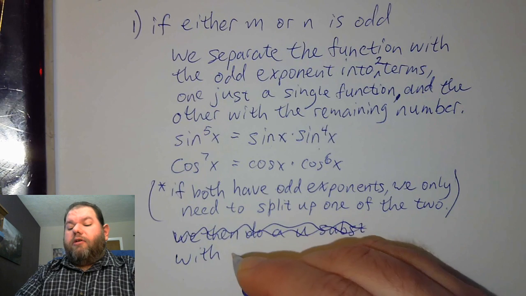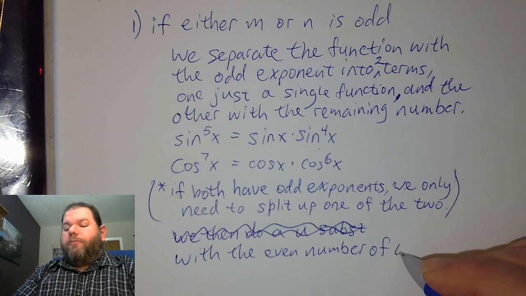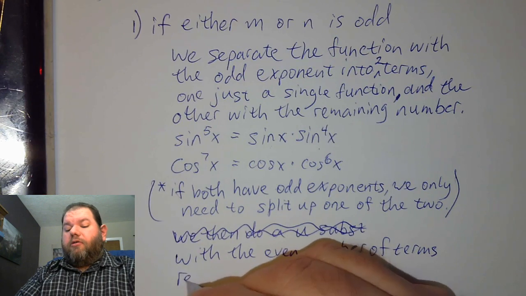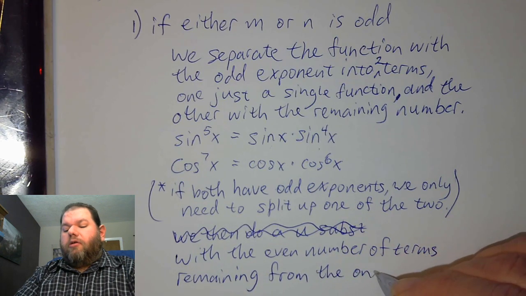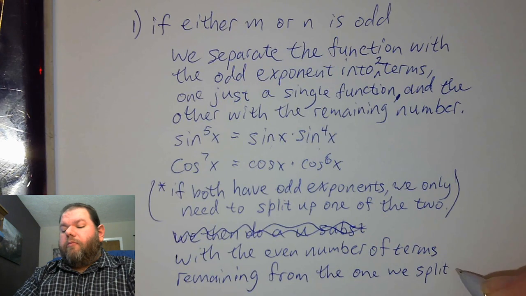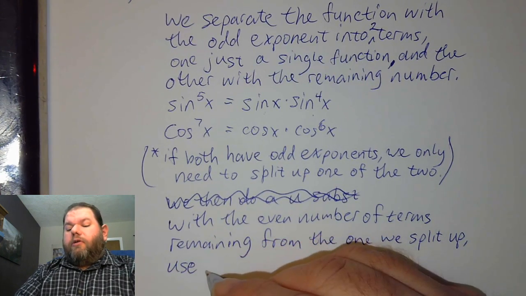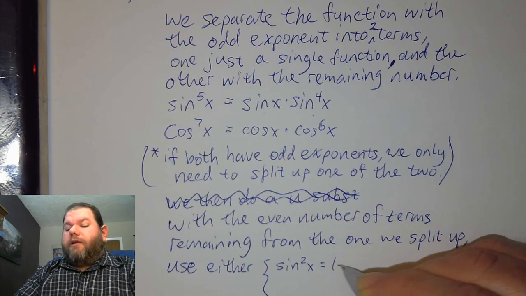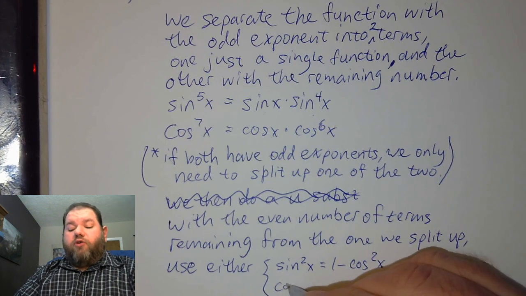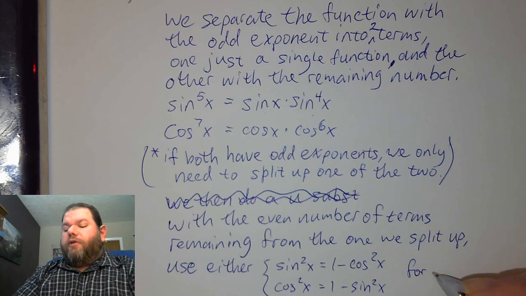So with the even number of terms remaining from the one that we split up, use either sine squared x equals 1 minus cosine squared x, or cosine squared x equals 1 minus sine squared x for each sine squared or cosine squared.